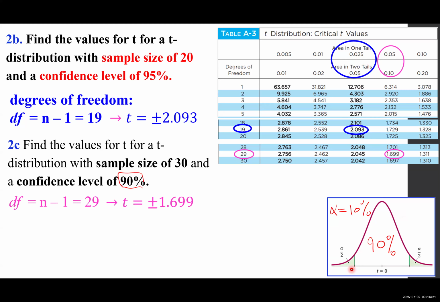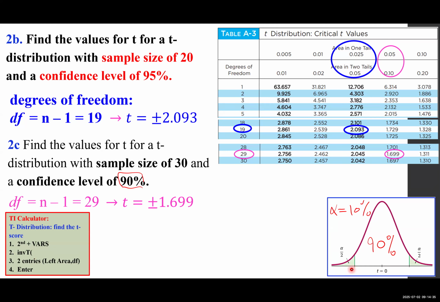Again, this is just to make sure you can read tables, but you can also use technology. For example, if I want to use the TI, T distribution, find the t score. The second variable is inverse T, similar to normal distribution.